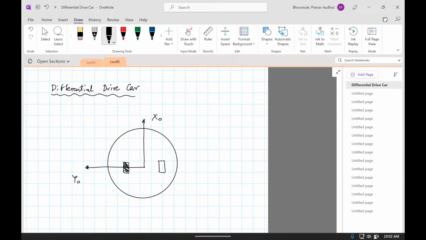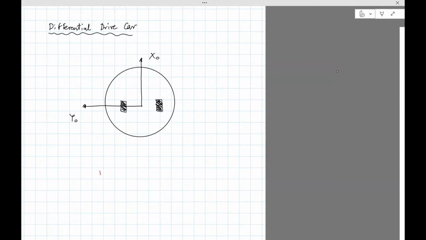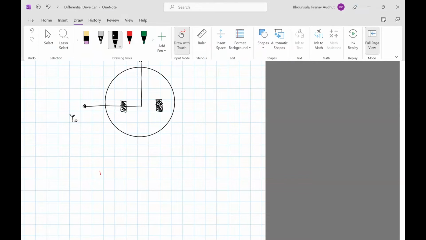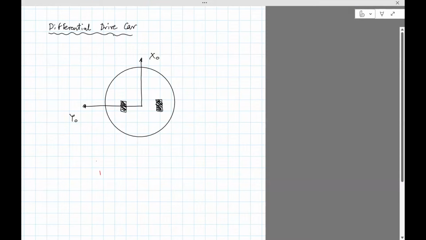So let's say those are the wheels as seen from top. Now, let me write that down. Wheels. And each of these wheels is motorized.